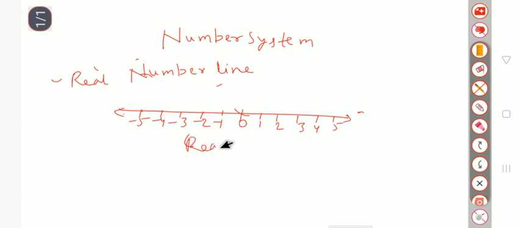Generally real numbers include all the rational and irrationals. So on number line we can represent all the rational and irrational numbers.